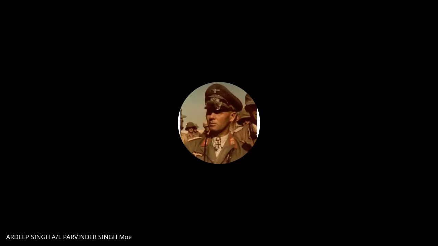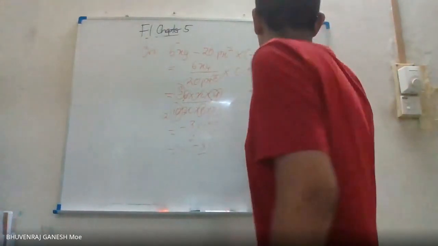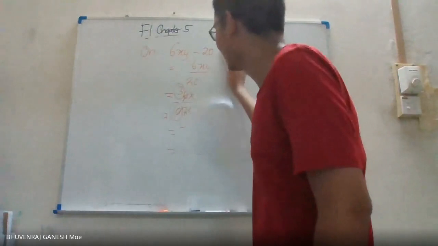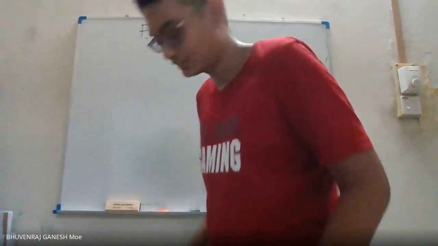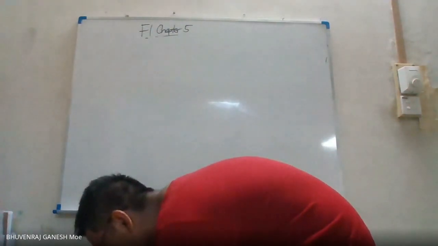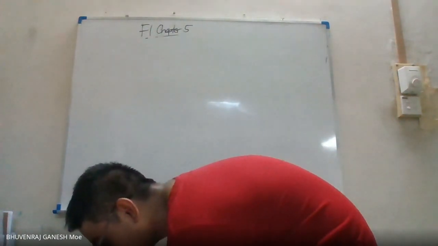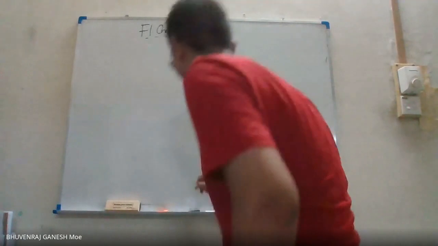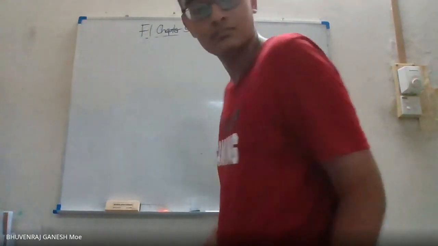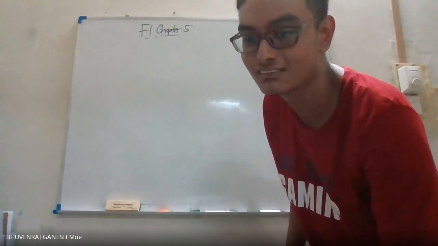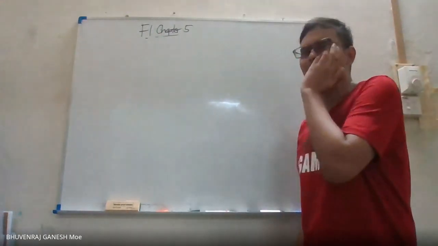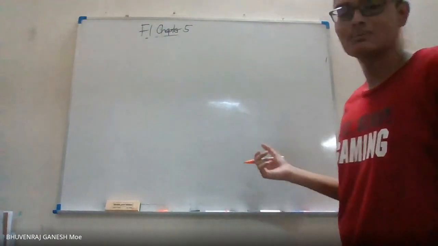Alright, boss. So I'll do a summary for this chapter. Then we can go to Aldip's one, 3 questions only. So this chapter is actually algebraic expression. Sometimes we don't notice that all these chapters we actually learned already, but not consciously.